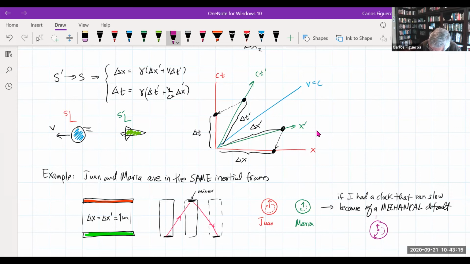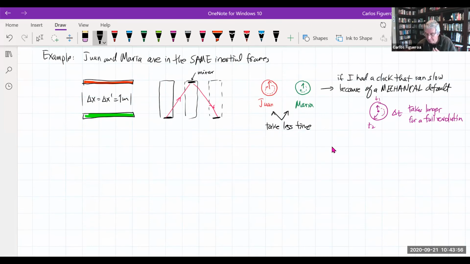When I measure the time from T1 to T2, this time here is going to be less than that time, but we need to be more careful here. This clock takes longer for a full revolution. These clocks over here take less time for a full revolution. So we have to be really careful here.